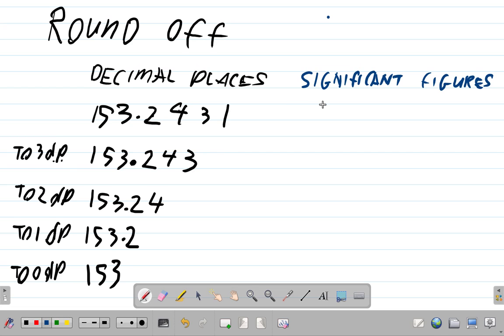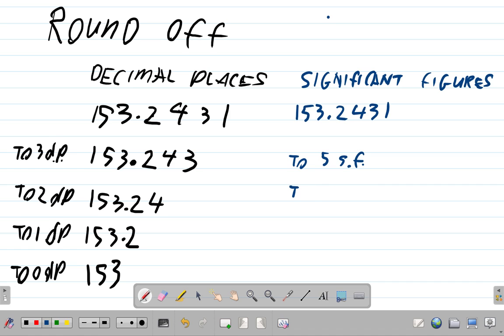But then let's look at significant figures. We have the same number here, 153.2431. We want to write this number to 5 significant figures. I just put SF.